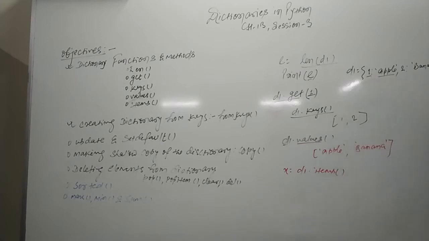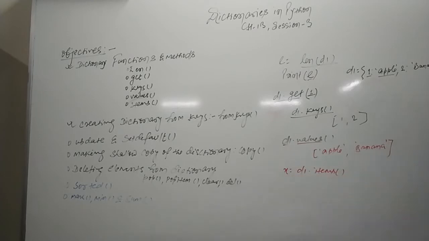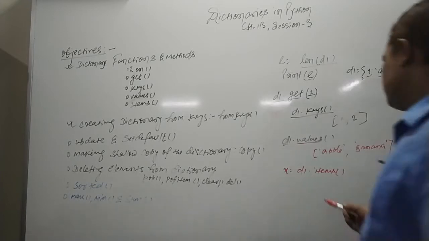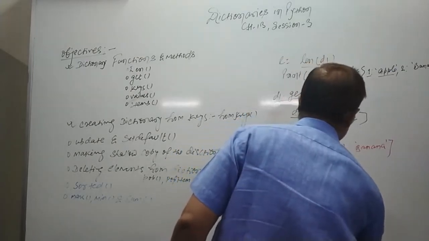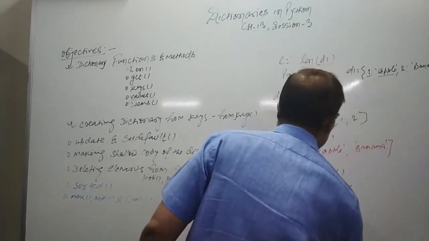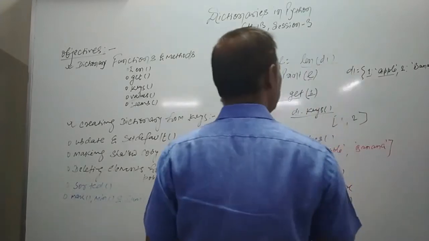And as I mentioned, the items method of the dictionary will simply return all the items of a dictionary. So x equal to d1 dot items. Here the x variable will store all the items of a dictionary, and if someone wants to see the items, then you have to use a for loop to see each item. Suppose for i in x, and then you can say print under bracket i. It will basically give you each item of the dictionary.